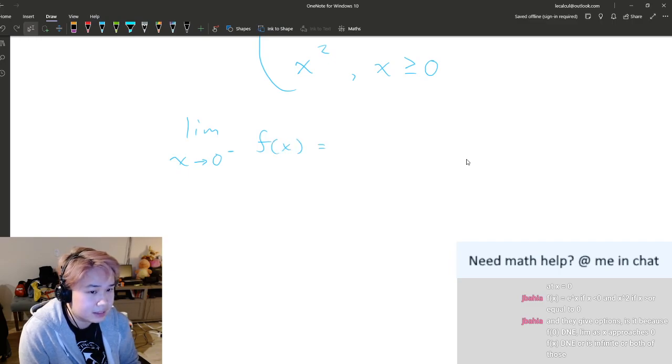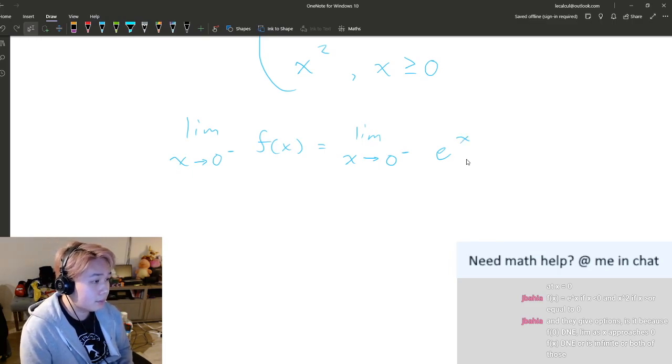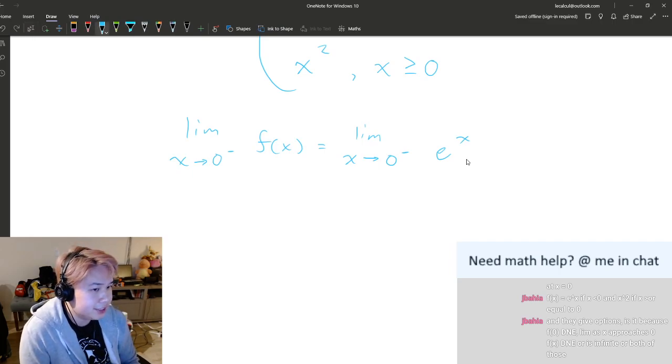So this is the limit as x approaches 0 from the negative side of e to the power of x. Okay, so there's no issue with plugging it in. So this is just e to the power of 0, which is 1.